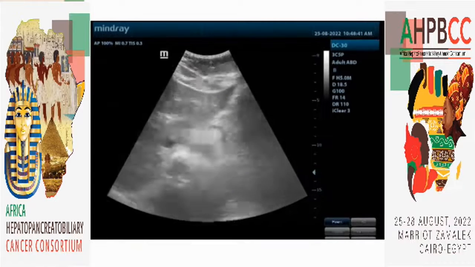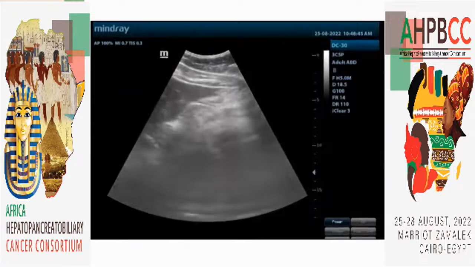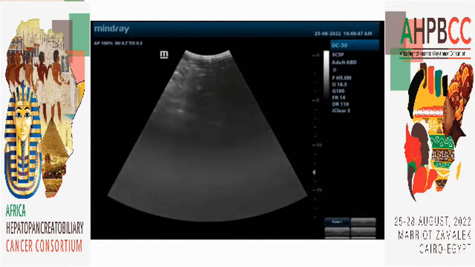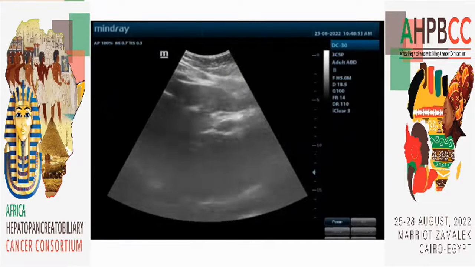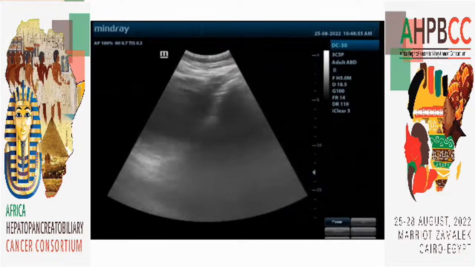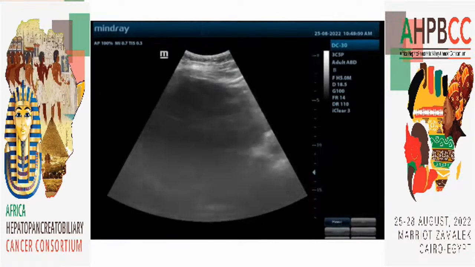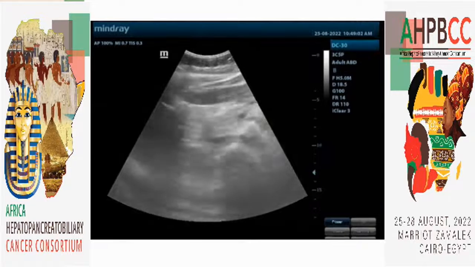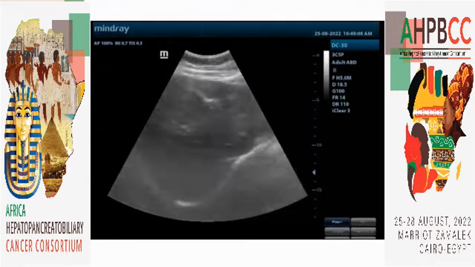Left lobe, then longitudinal section of the left lobe again, left and right. Very good. And subcostal, with deep breath. Deep breath.